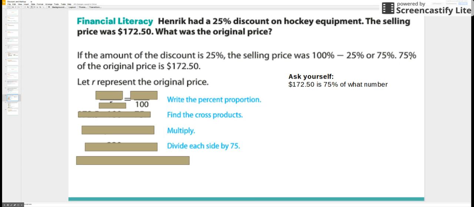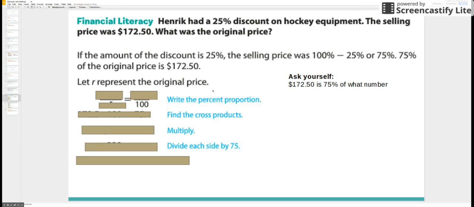So your job is to figure out $172.50 is 75% of what number, okay? He only paid 75% of the original cost.